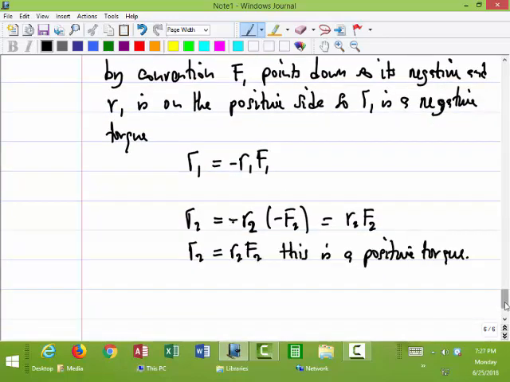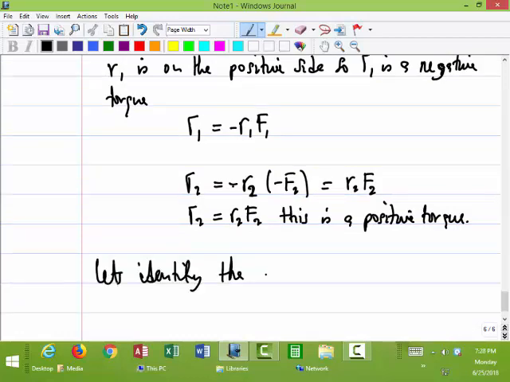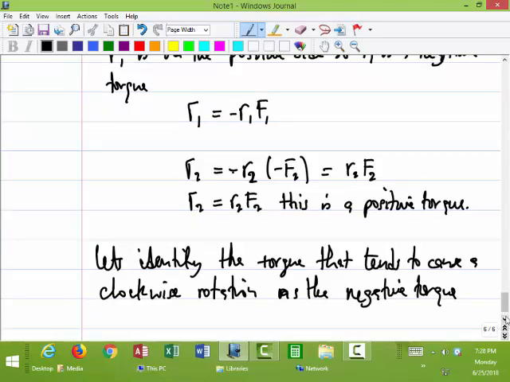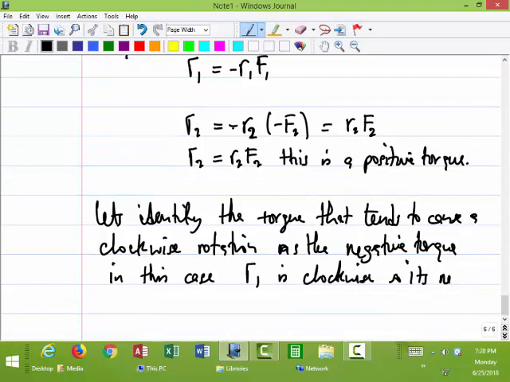So we can identify two torque directions. Let's identify the torque that tends to cause a clockwise rotation as the negative torque, and in this case, that negative torque is torque 1. So torque 1 is the clockwise torque. CW means clockwise.